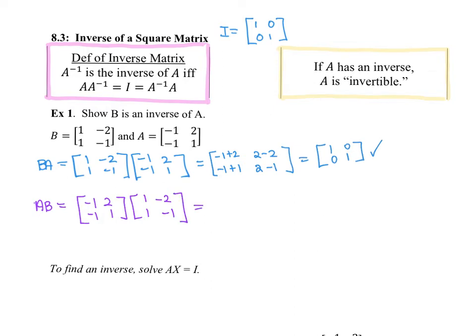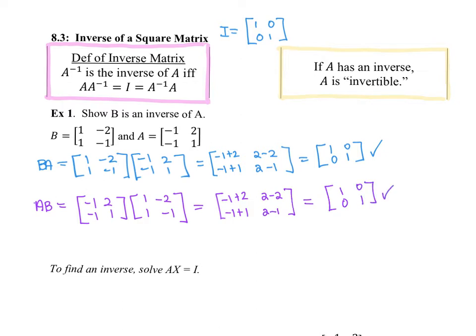So row 1, column 1: -1 plus 2. Row 2, column 1: -1 plus 1. Row 1, column 2. Row 2, column 2: plus 2 minus 1. 1, 0, 0, 1.